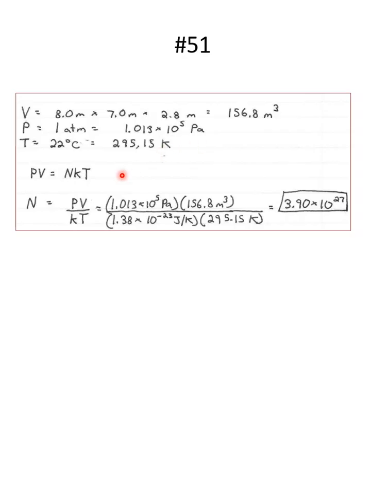The ideal gas law, PV equals NkT, we solve for N, PV over kT, and k is the Boltzmann constant. You can find that in the front flap of your book. 1.38 times 10 to the negative 23 joules per Kelvin. Plug in all the other values and we get 3.9 times 10 to the 27th power molecules of air in the classroom.